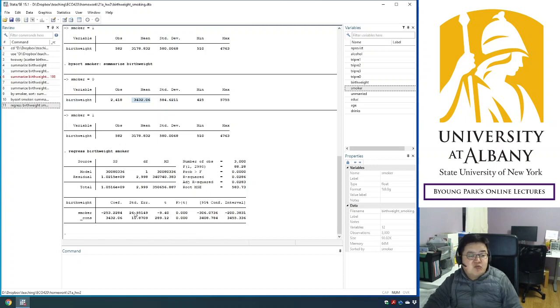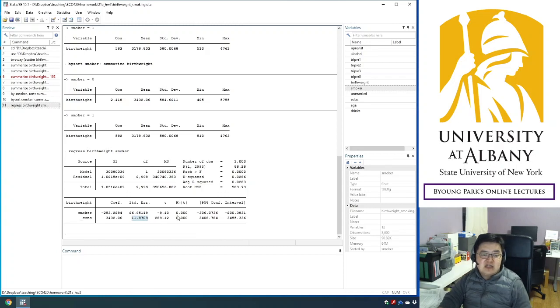And what else? So we have standard errors, and based on the standard errors and the coefficient estimates, you can find the t statistic, p-value, and confidence interval. I believe you can interpret them. Also, we have sum of squares. So model sum of squares, residual sum of squares, total sum of squares.